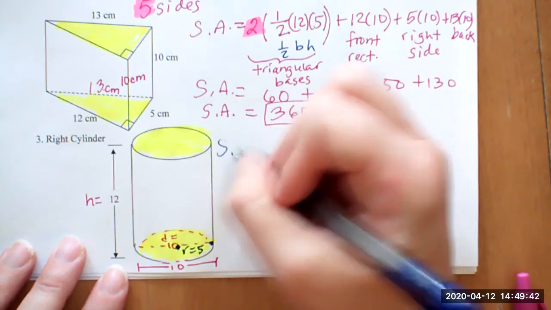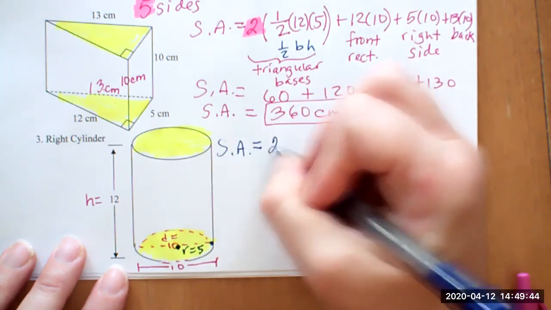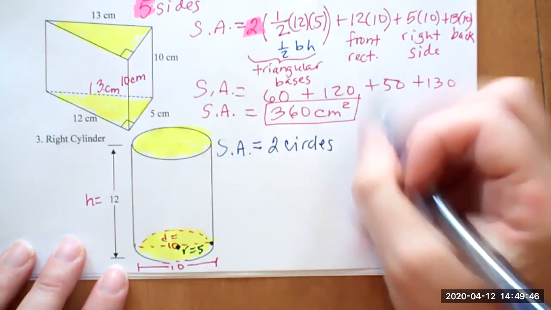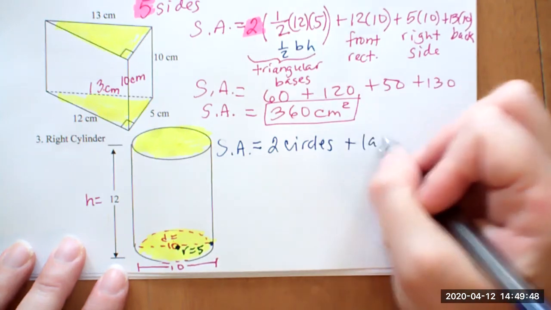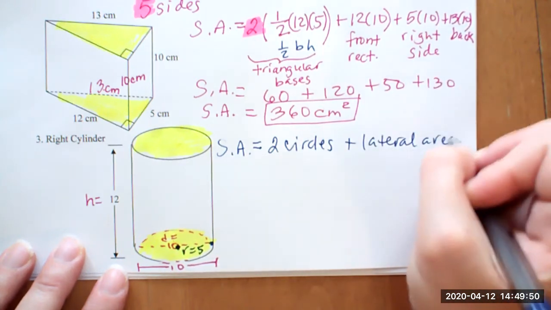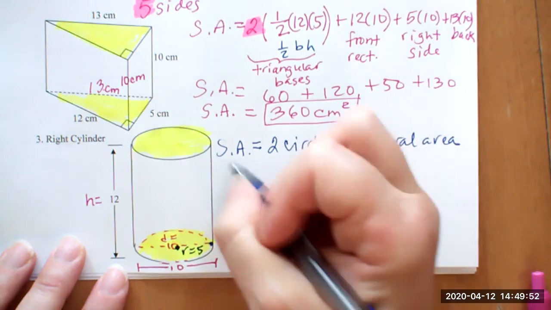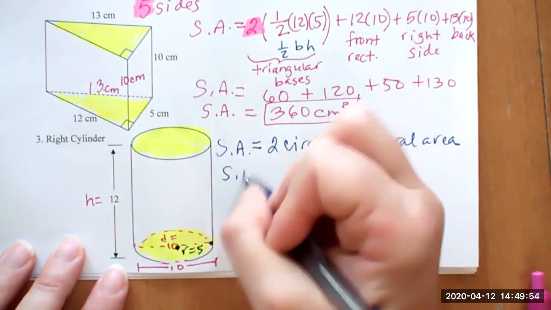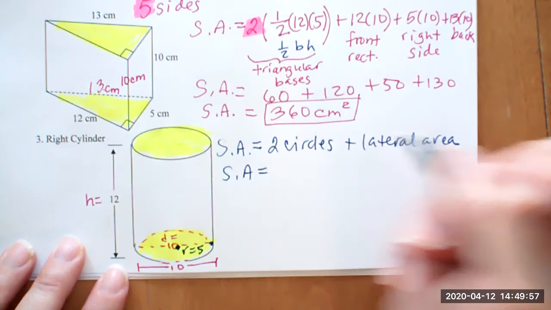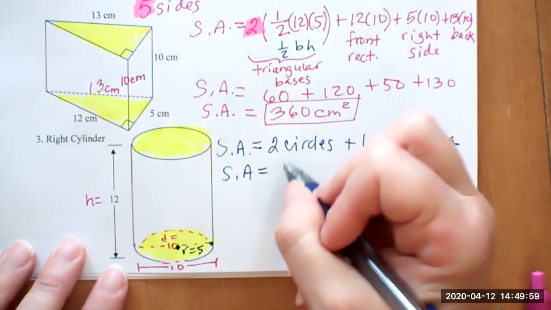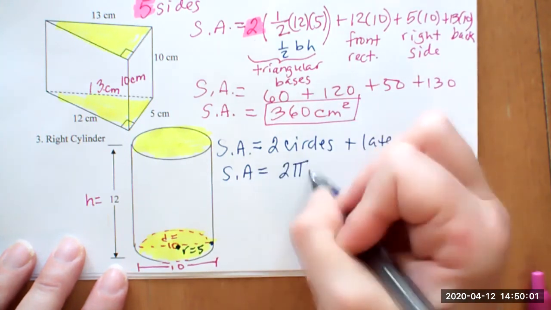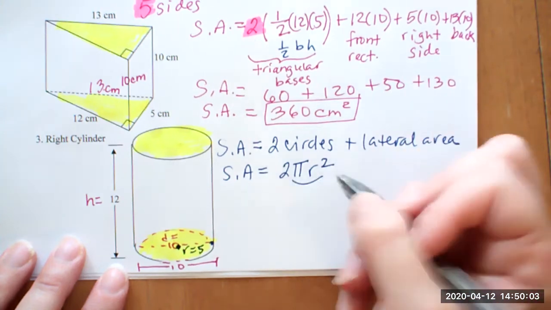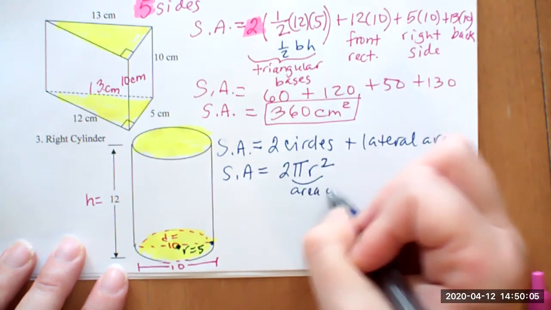The surface area is going to be the two circles plus the lateral area. In this case, for the two circles, I will use the formula 2 pi r squared, because pi r squared is the area of each circle.